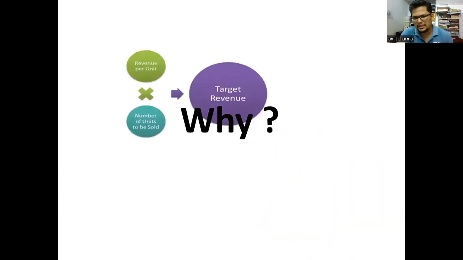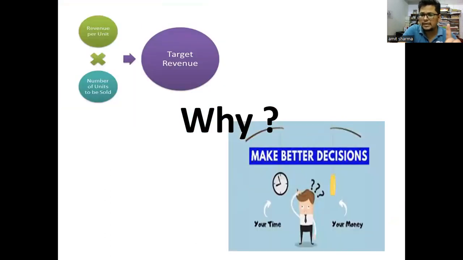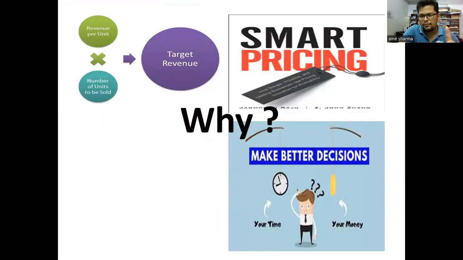Why is the BEP important? With this topic, we can easily decide our target revenue. We can make better decisions to save our time or money. We can easily set a target price, that means a smart kind of pricing. We can provide discounts. Most probably we have seen that if we visit a supermarket, there is 40% off, 30% off.